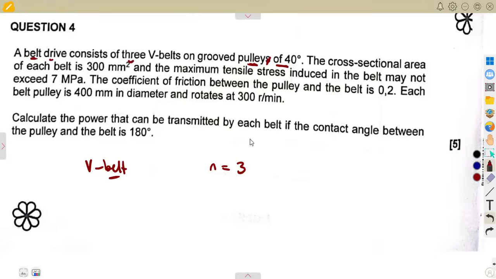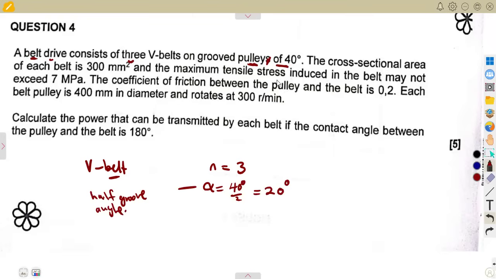Remember, if it is a V-groove, you're going to need the half groove angle called alpha. Alpha, the half groove angle, is 40 degrees over 2. So you have to divide this by 2, and that will be 20 degrees. So this is your half groove angle. We talked about this angle. This one is our half groove angle.